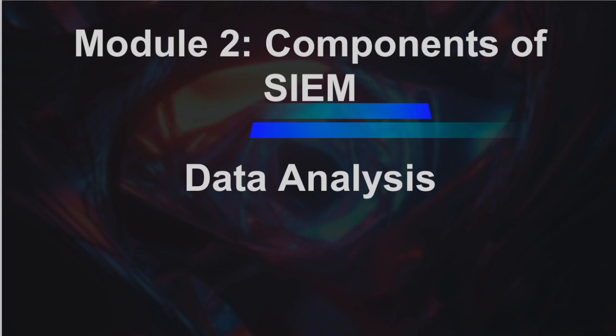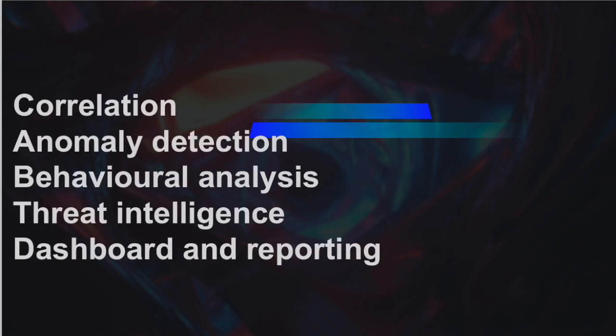There are several methods and techniques used in data analysis in a SIEM solution. So these techniques are correlation. Correlation involves analyzing data from different sources to identify patterns and relationships that may indicate a potential security threat.